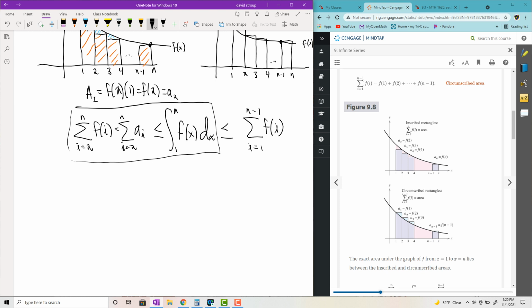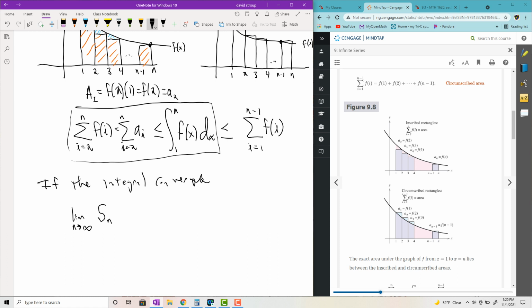So in the first case, if the integral converges, you end up with the following. You have basically the limit as n goes to infinity of this s sub n thing.